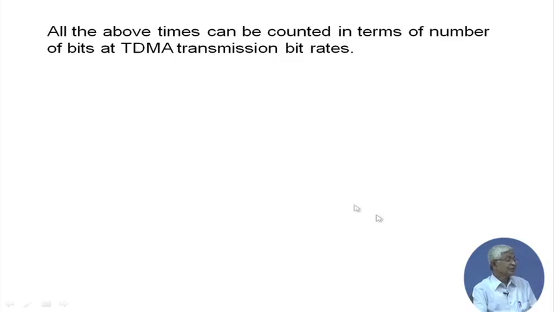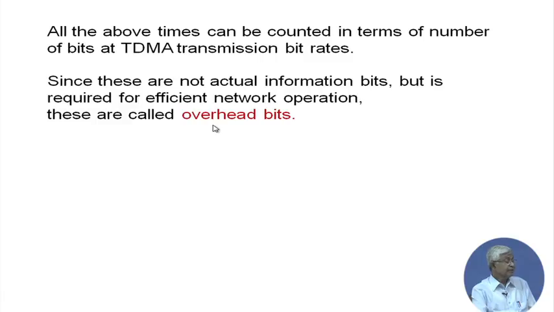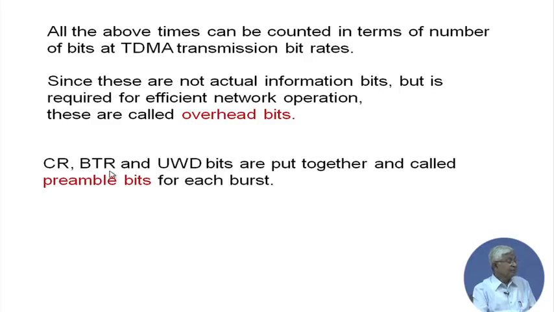Let us look at it. The above times can be counted in terms of number of bits in the TDMA transmission bit rate. Since these are not actual information bits, but are required for efficient operation of the network, these are called overhead bits. Now CR, BTR, and unique word detection bits are put together and called preamble bits for each burst, that is, each user burst has preamble bits.